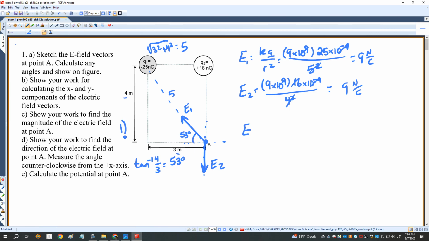So in our steps, this would be step 1, this would be step 2. Now step 3 is to determine what is E1X and E1Y. E1X is going to be 9 times cosine of 53, and E1Y is 9 sine of 53.